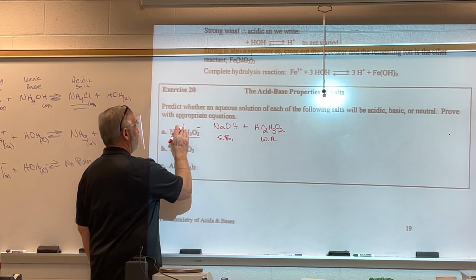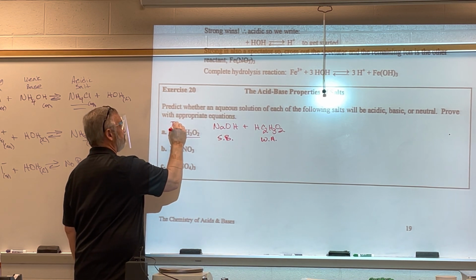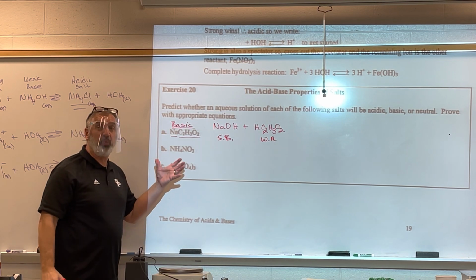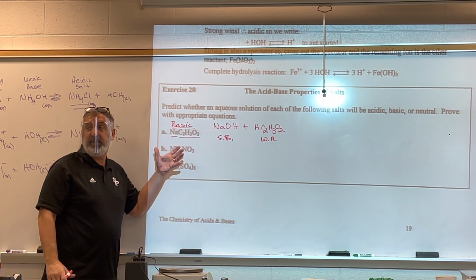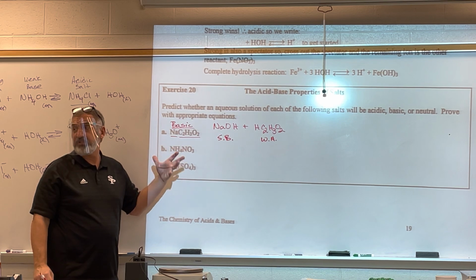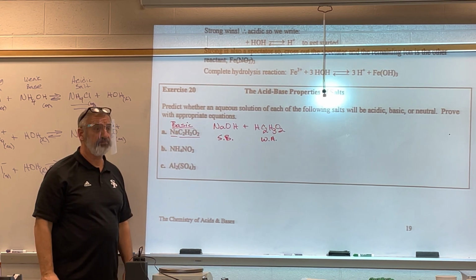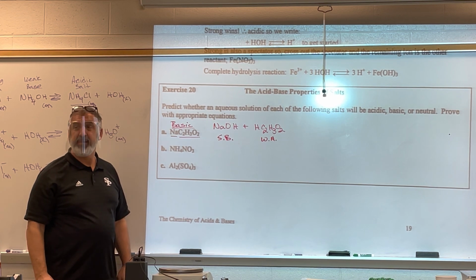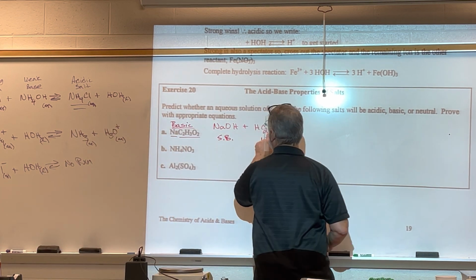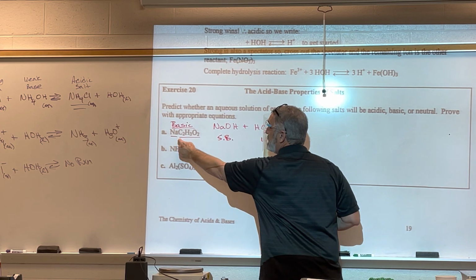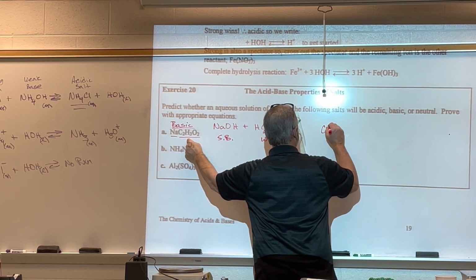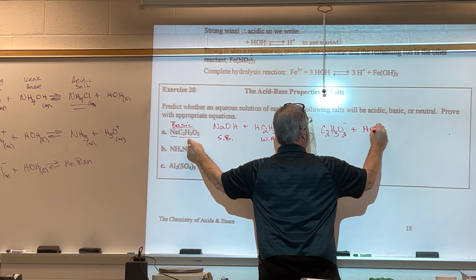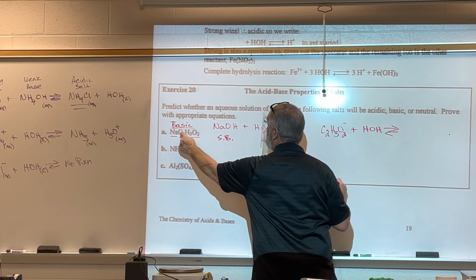Okay? Now, why? Let's write the equation. What's going to react with water and how is it going to react for a basic salt? What do I write for an equation? The acetic acid reacts with water? Or the acetate? This is what I'm putting into water. So it's going to be the acetate. It's going to react with water. And again, we're saying it's a basic salt.